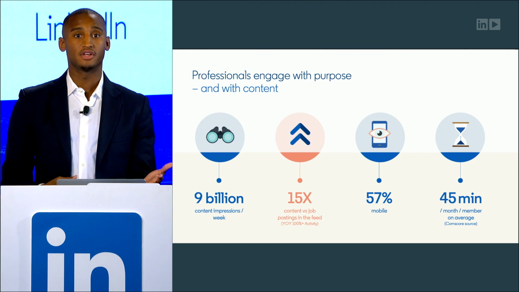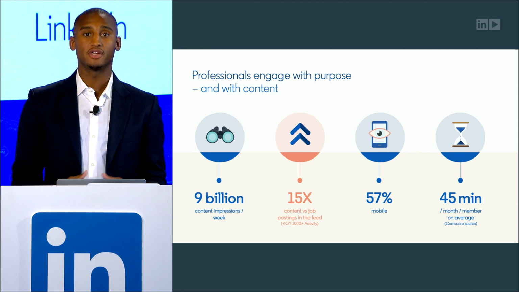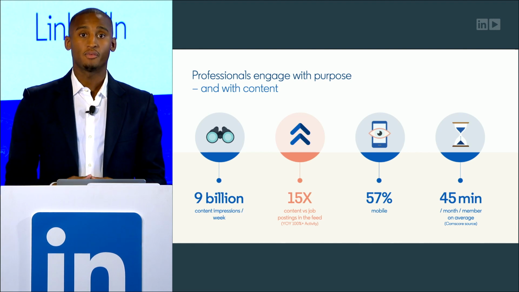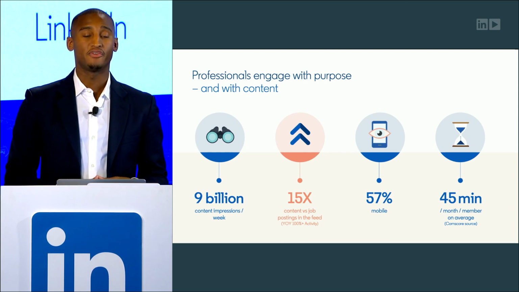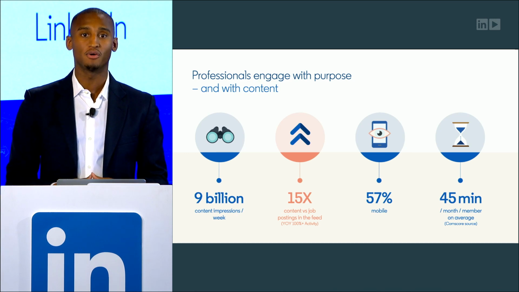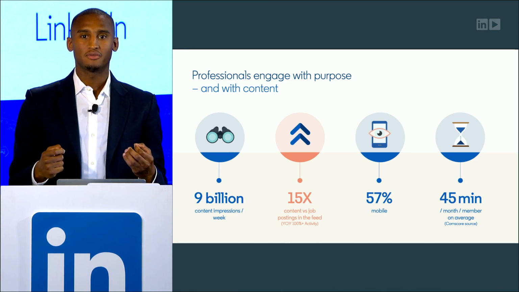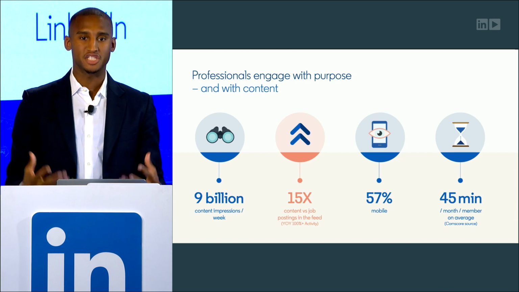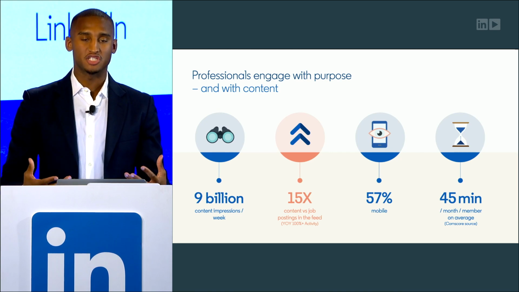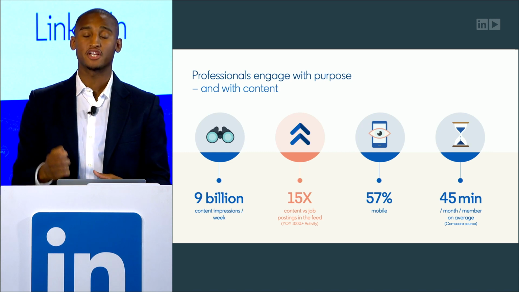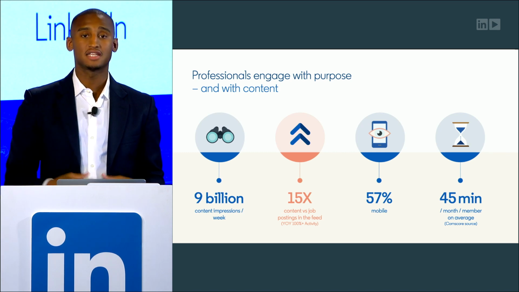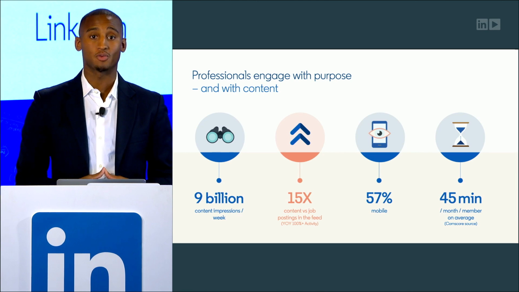As you can see on the slide, we get over 9 billion content impressions every single week, with 15 times more content posts than job posts in the newsfeed, with 57% of that traffic being mobile. So when you think about the overall vision and mission and how people are leveraging LinkedIn.com, it's a great place, especially if you're looking to reach that professional audience, to advertise and even post your organic content as well.